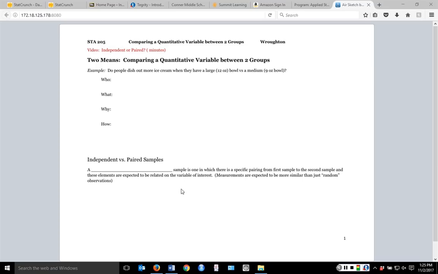So who our population is, basically people who dish out ice cream, so we'll call them ice cream dishers. What we're measuring on this ice cream disher, well, one thing that we're measuring is the amount of ice cream that they put in the bowl, which is going to be a quantitative variable.